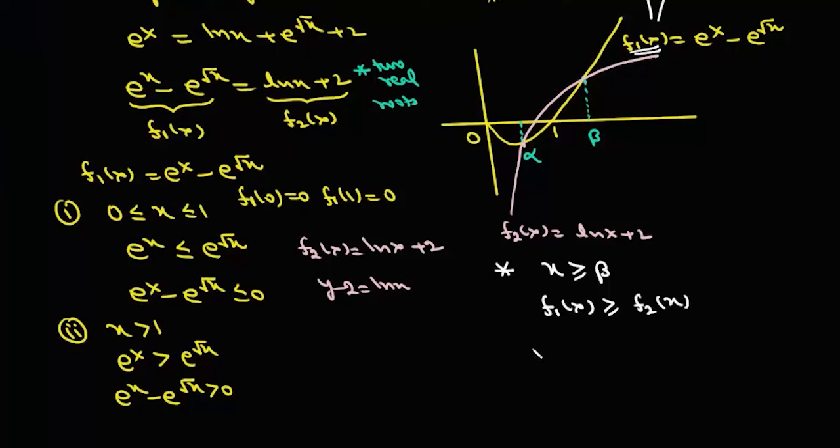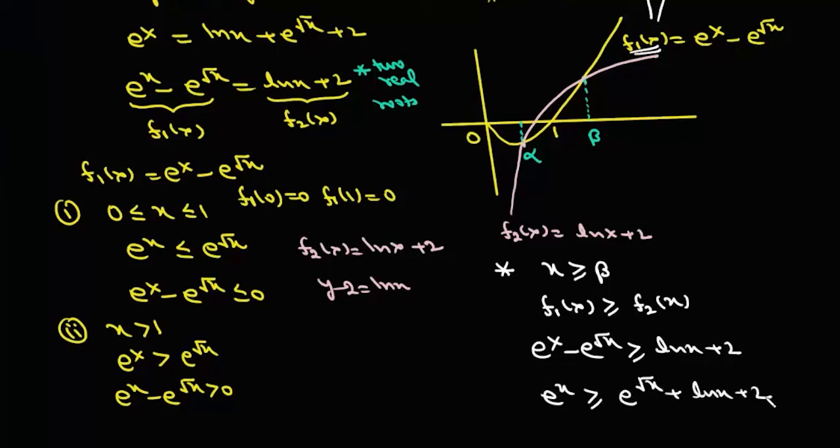f2(x), or we can write e to the power x minus e to the power root x will be greater than or equal to log x plus 2, or e to the power x will be greater than or equal to e to the power root x plus log x plus 2.